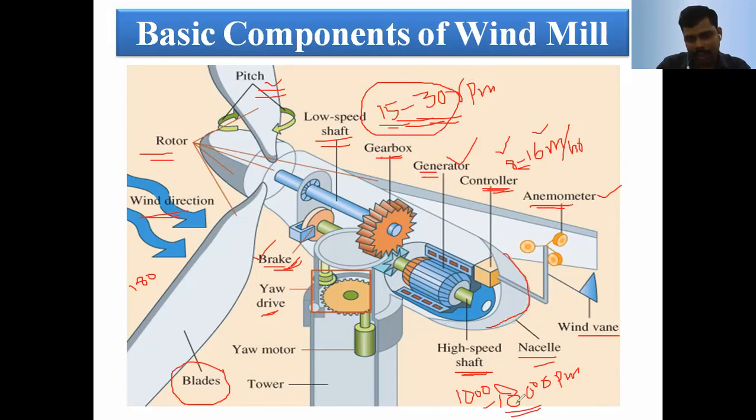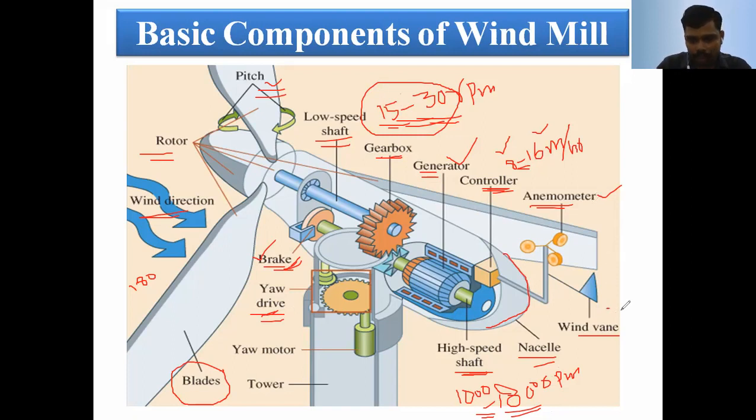The generator rotates at a speed between 1000 and 1800 rpm, that is either 1200, 1300 or 1500 rpm. With the help of the high speed shaft, this 15 to 30 rpm is carried up to 1000 to 1800 rpm.